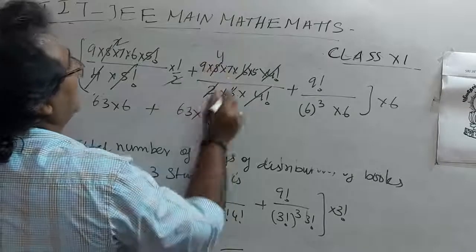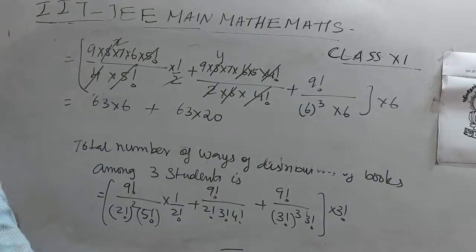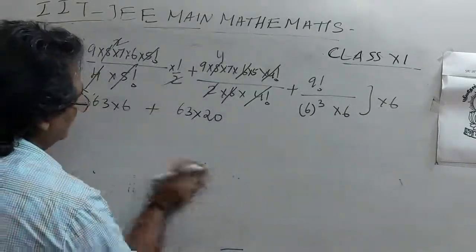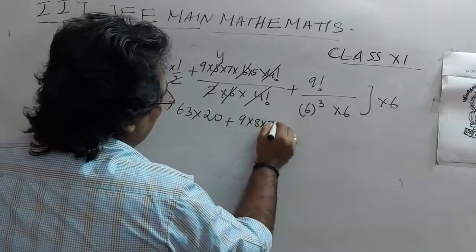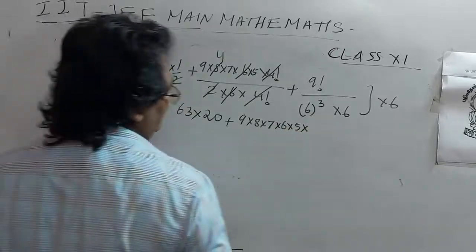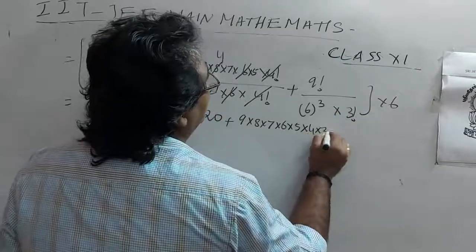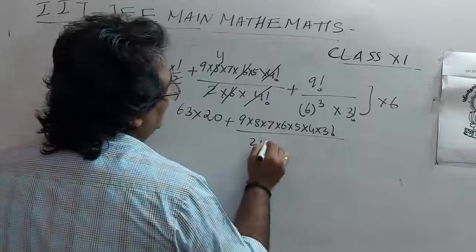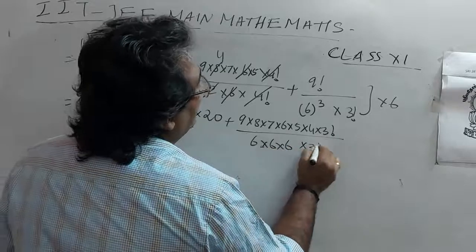And 6 into 3, 4 into 5, 20. Plus 9 into 8 into 7 into 6 into 5 into 4 into 3 factorial divided by 6 into 6 into 6 into 3 factorial.